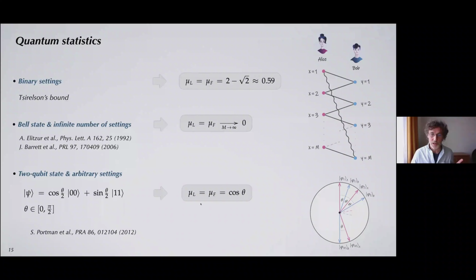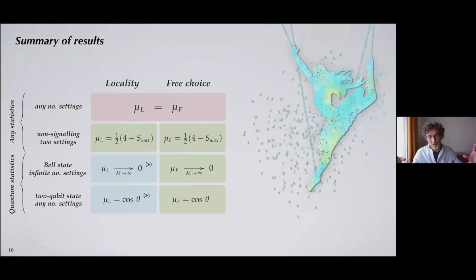Unfortunately, if you allow an infinite number of settings for maximally entangled states, those measures go to zero. That means that on each trial, if you want to be free, there needs to be a connection between Alice and Bob, some causal connection. Or if you want to retain locality, on each trial those settings have to be set.